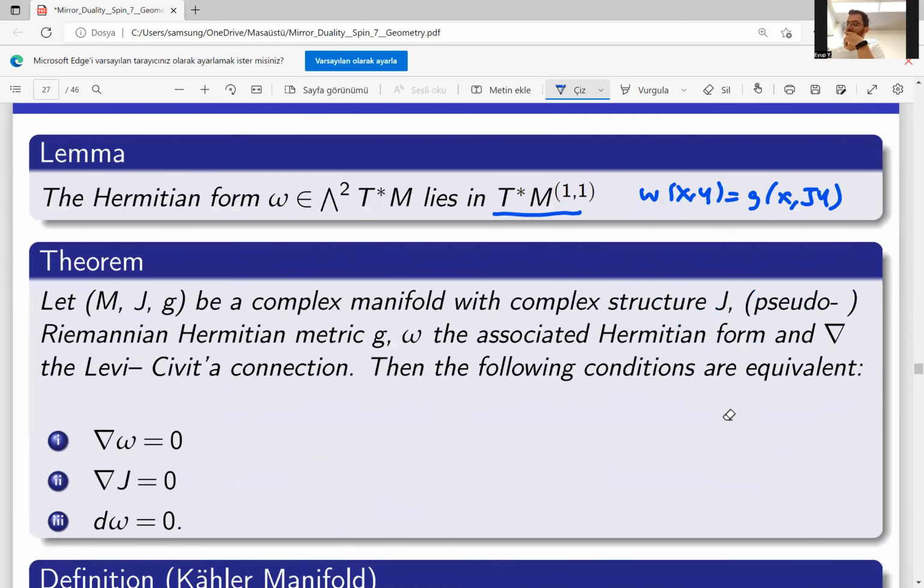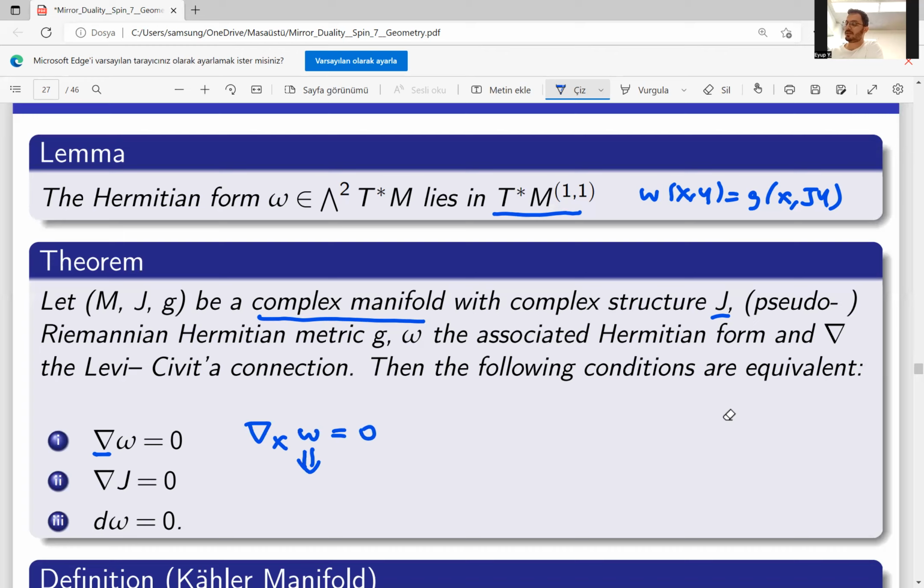If we now have the Levi-Civita connection on the real manifold directly, and for the complex manifold with the almost complex structure J, you can say that the following are equivalent. Taking nabla v equal to 0, for any arbitrary direction you can calculate, and it's going to be 0.